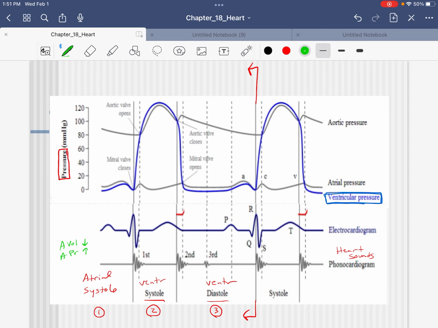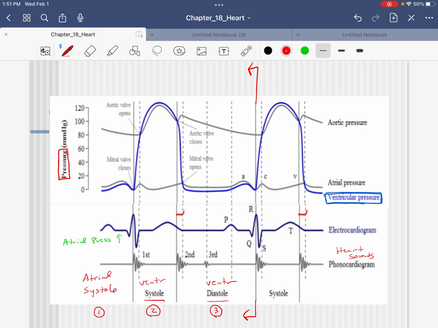We develop a pressure gradient to push blood from the atria into the ventricles. But what I want to point out is that during atrial systole, the atrial pressure is low. I mean high, excuse me. See, even gets me. The atrial pressure is high.